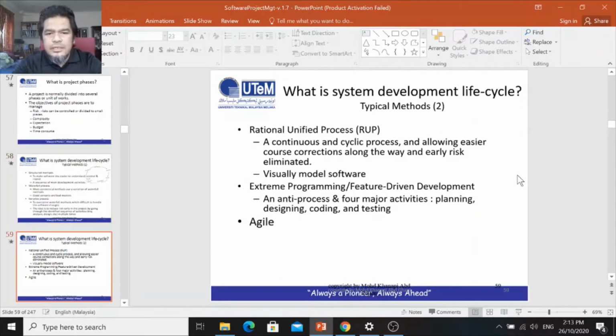So this is another methodology, the Rational Unified Process, RUP. This methodology is very comprehensive. I also have experience with this methodology from a national project last time. What we need to do is cut down the process.